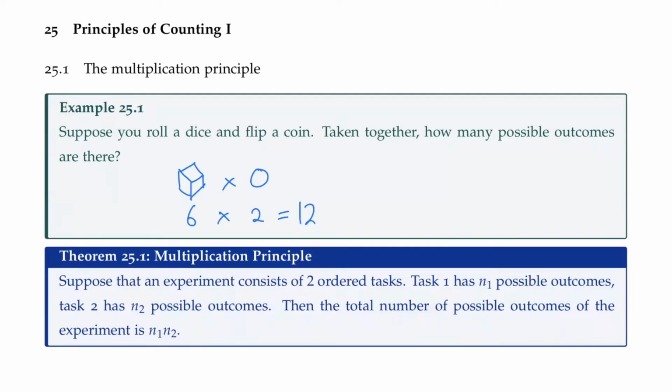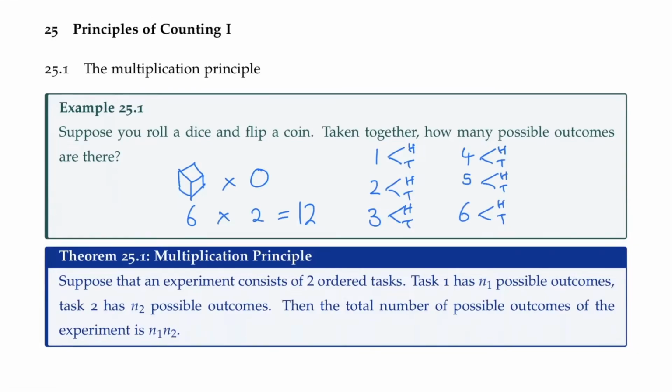The way of thinking about this is to think about tree diagrams. So when I do the first thing, which is roll the dice, I can get a 1, 2, 3, 4, 5, or 6. And then for each of these, when I flip the coin, I have heads or tails. And then if you add up all of these branches, you'll get 12 possible outcomes.